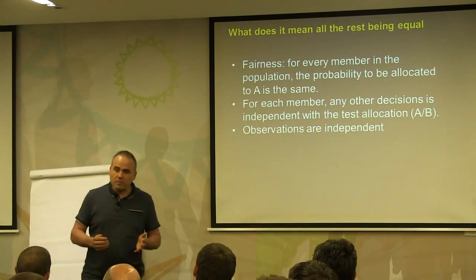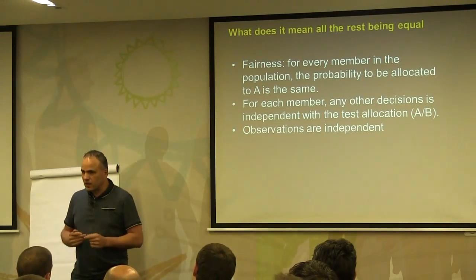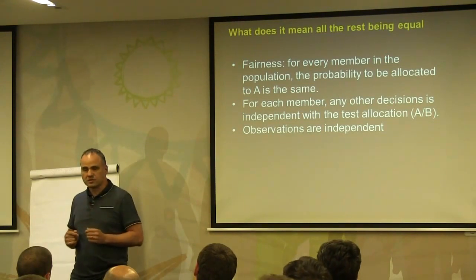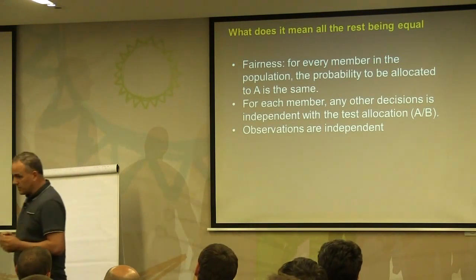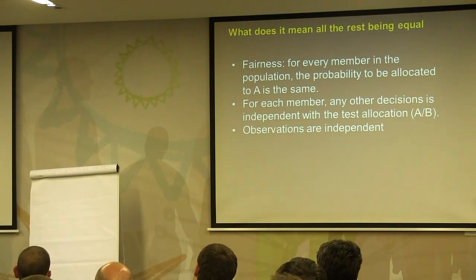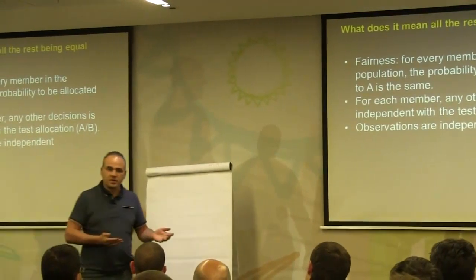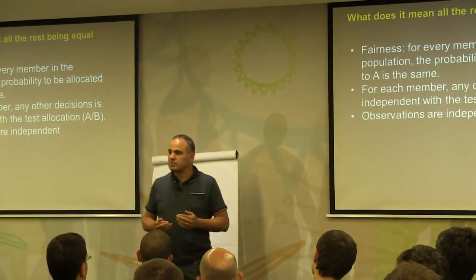So this is a standard definition, or standard assumption, in statistics. Now, if I'm running these tests on visits, not visitors, then I have a problem with this assumption, because the visitors can be subject sometimes to A and then to B. So they are not really independent.